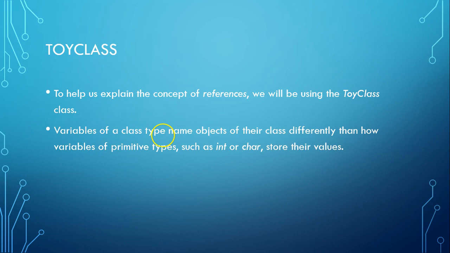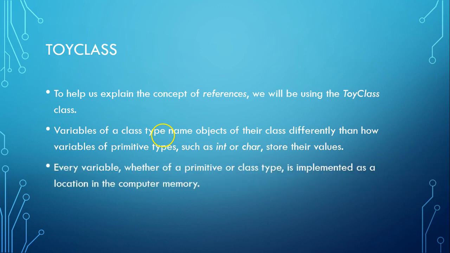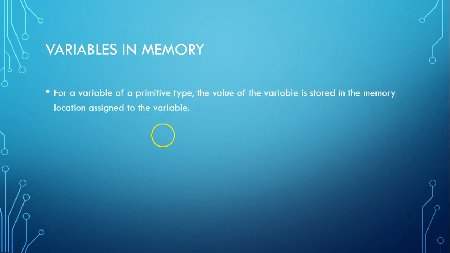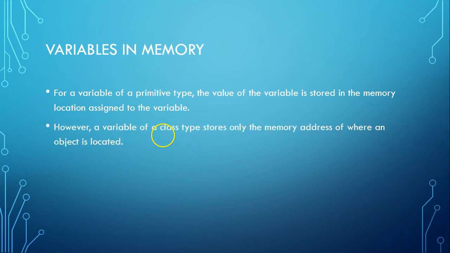Now, variables of a class type name objects of a class differently than how variables of primitive types such as int or char store their values. Every variable, whether it's a primitive or a class type, is implemented as a location in the computer memory. We talked a little bit about that last time. For a variable of a primitive type, the value of the variable is stored in the memory location assigned to the variable.